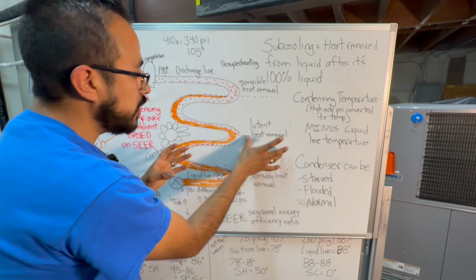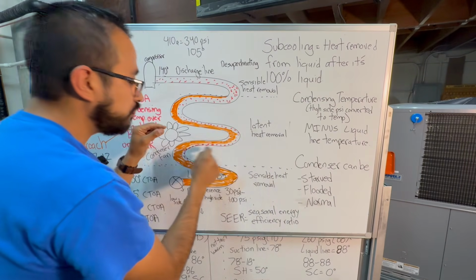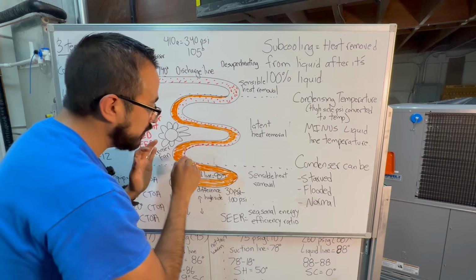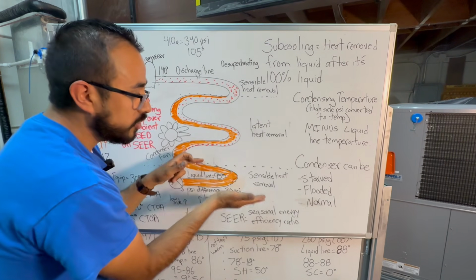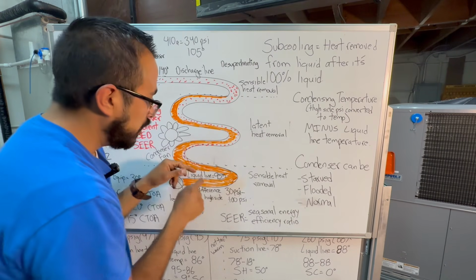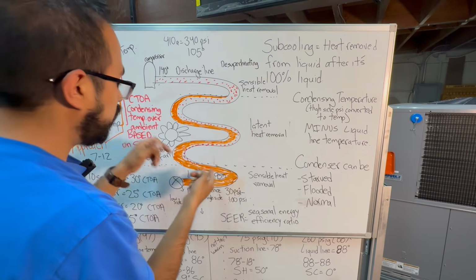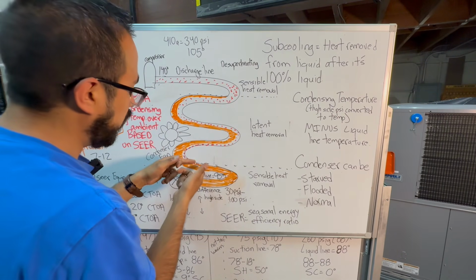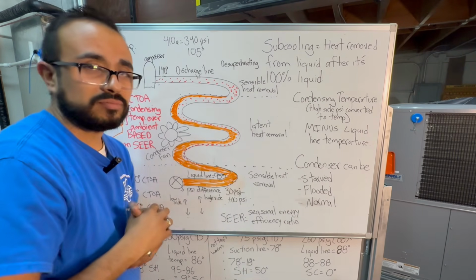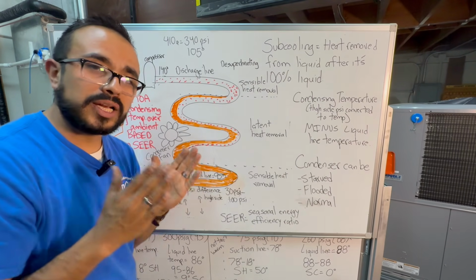Of course, with latent heat, the temperature stays the same, but once we get to where it's 100% liquid, we once again hit the sensible heat removal process. So let's say right here, it changes to 100% liquid. And this is the thing though, you don't know where exactly it changes to completely liquid.